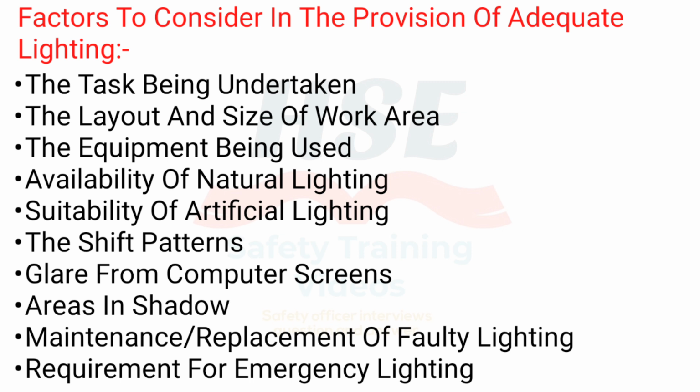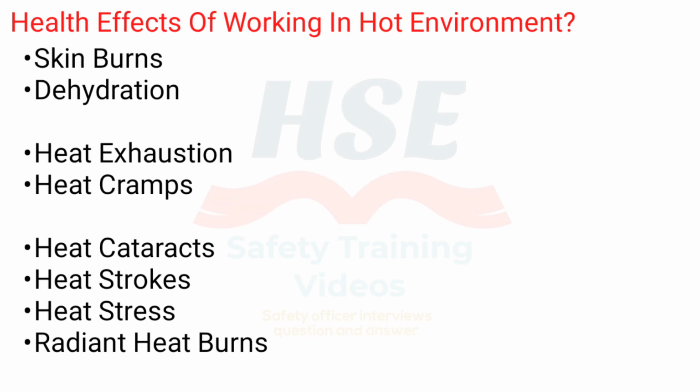Factors to consider in the provision of adequate lighting: the task being undertaken, the layout and size of work area, the equipment being used, availability of natural lighting, suitability of artificial lighting, the shift patterns, glare from computer screens, areas in shadow, maintenance, replacement of faulty lighting, requirement for emergency lighting.